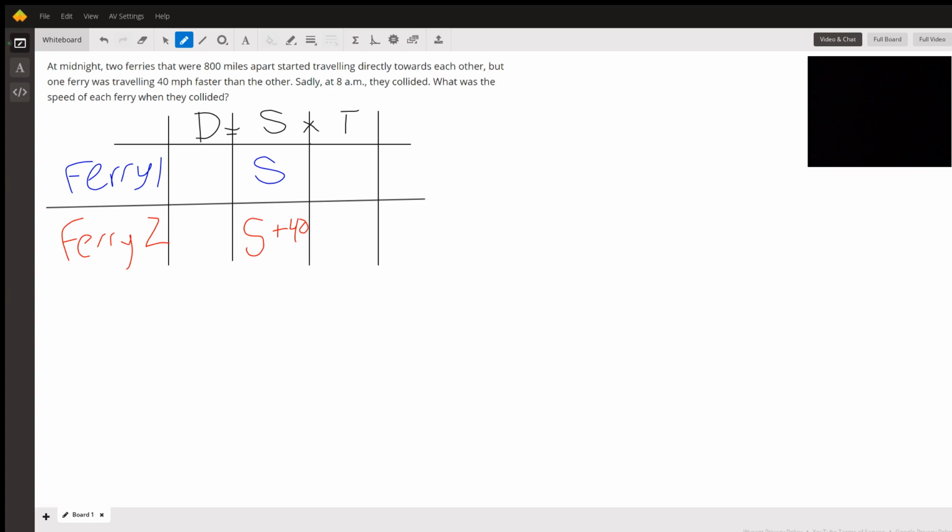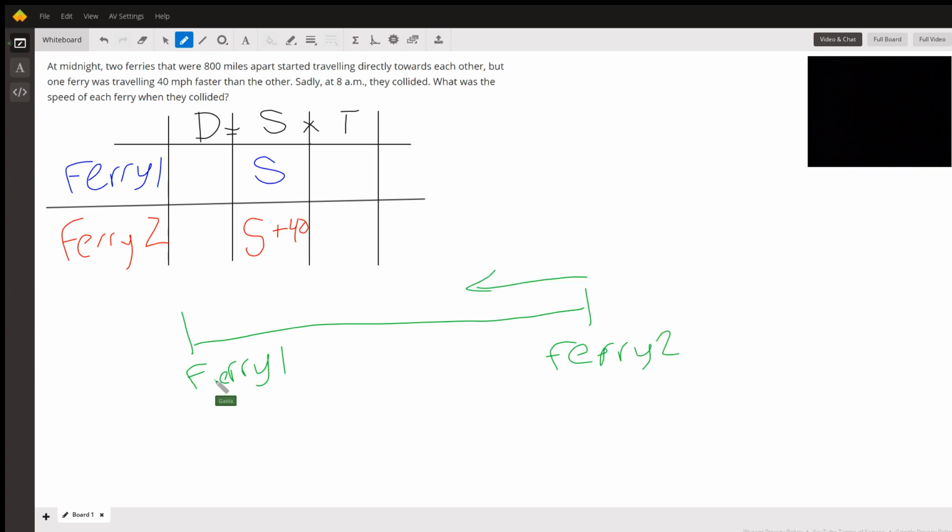They never really give us time, but we know that here are the two ferries. You have ferry 1 here, and you have ferry 2 here. They're traveling towards each other, and then they collide right here at the same time.